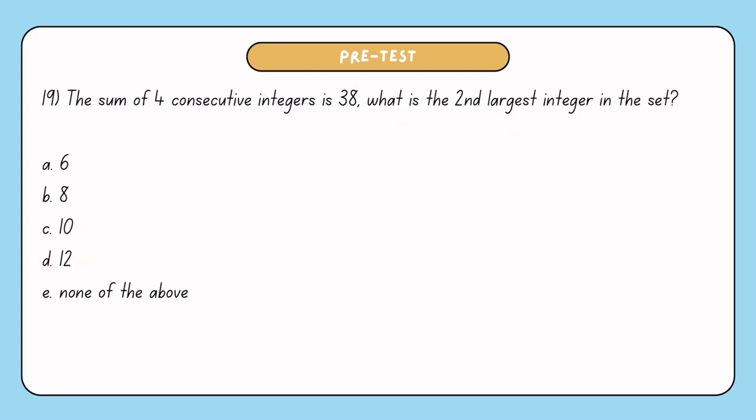Number 19. The sum of 4 consecutive integers is 38. What is the second largest integer in the set? So we can write the problem as x plus x plus 1 plus x plus 2 plus x plus 3 equals 38.